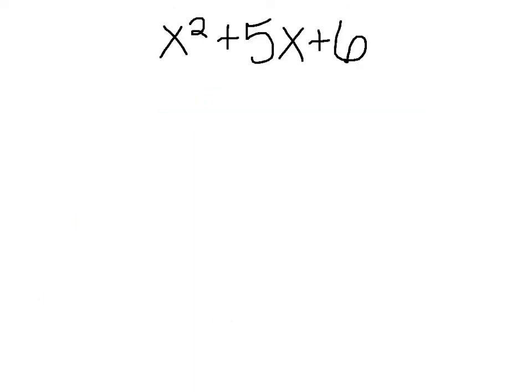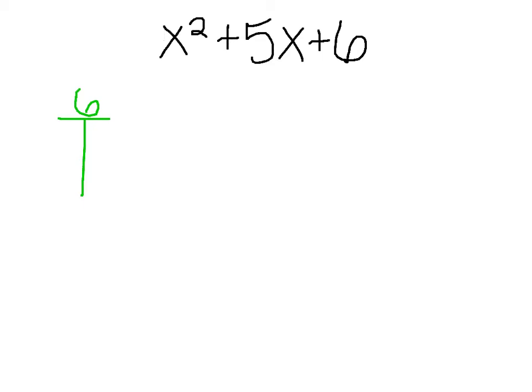All right, looking at this first example, we're going to look and first see, is there a GCF? There is not a GCF, so we can't do anything about it. So we're then going to look, is it 2, 3, or 4 terms? This is 3 terms. A is 1. And I'm going to look for the factors of 6 that add to 5.